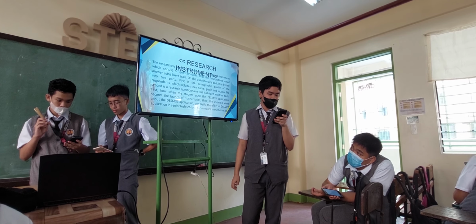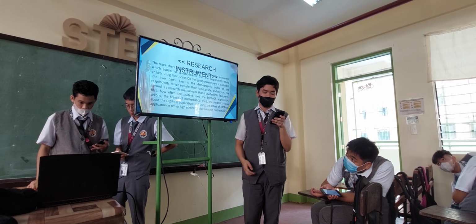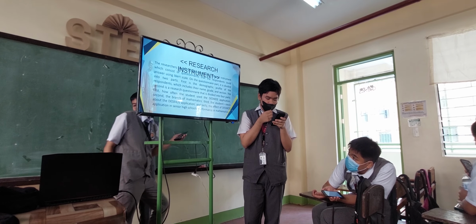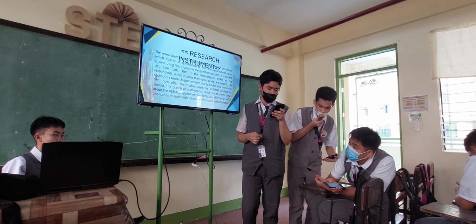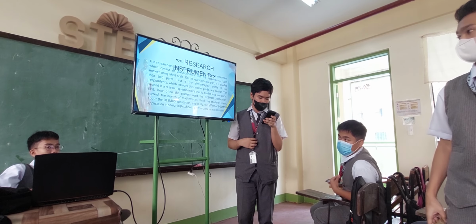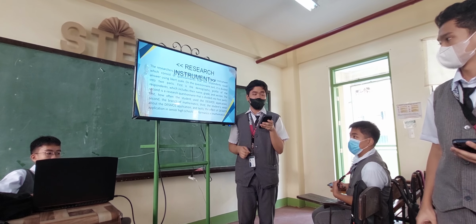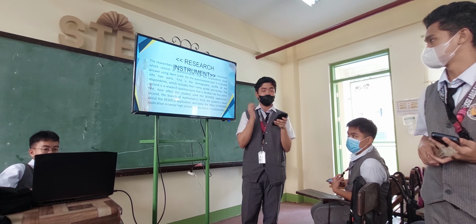The second is a research questionnaire that is divided into four parts. First, how often the student uses the Desmos application. Second, the branch of mathematics. Third, the student views about the Desmos application. And lastly, the effect of Desmos application in senior high school performance in mathematics.